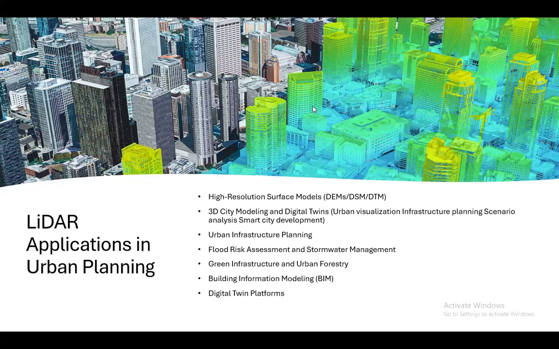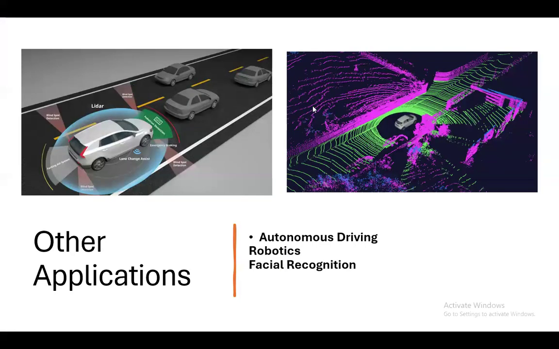It can also be useful for building information modeling, and definitely to build digital twin platforms. Apart from conventional urban planning applications, you also have other types of application, like autonomous driving. LiDAR technology can be used for autonomous driving, because it can measure the distance and it can tell you what is the situation surrounding a particular car.